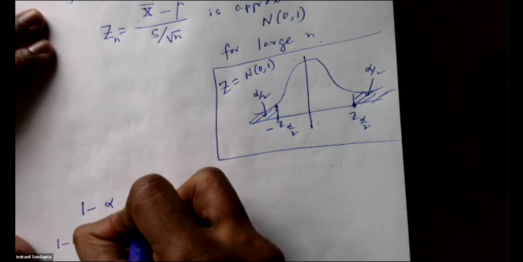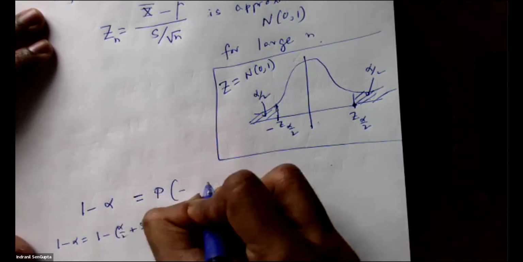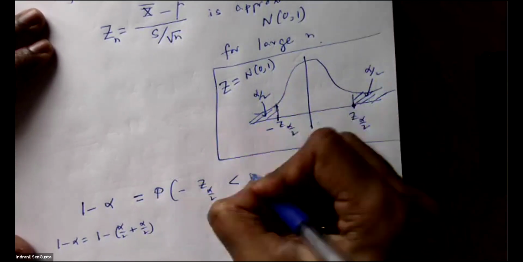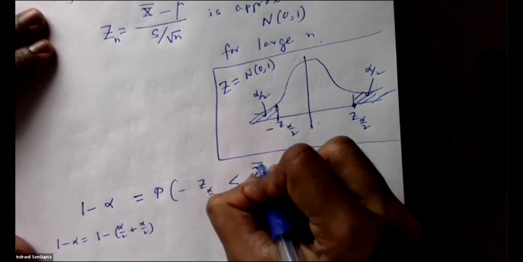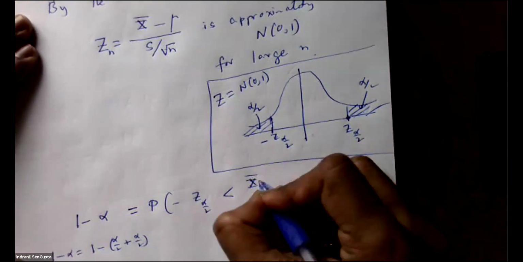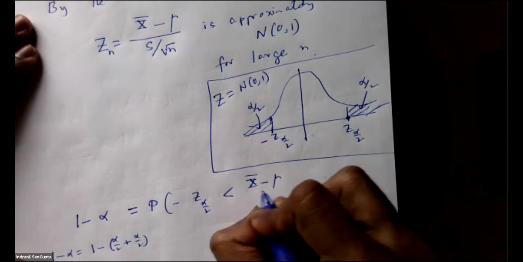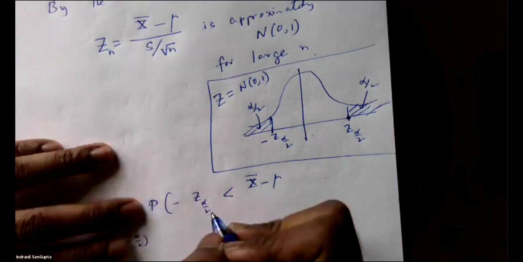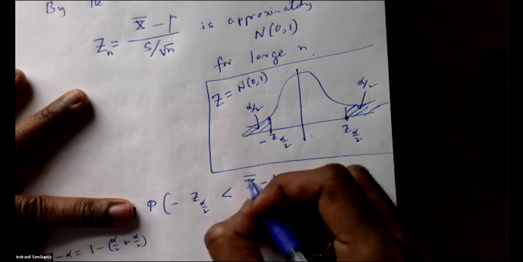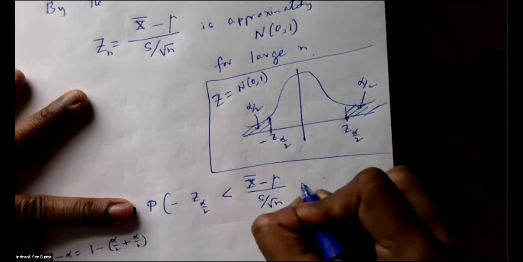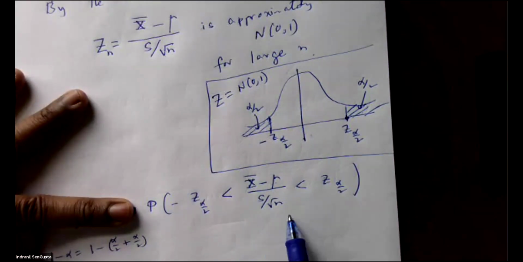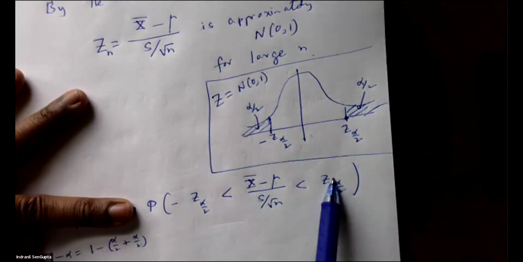So this is really the probability of minus Z of alpha over 2 less than X bar minus mu over S over square root of N less than Z of alpha over 2. I'm using this Z_n as a random variable. What is the probability that this random variable is between these two?